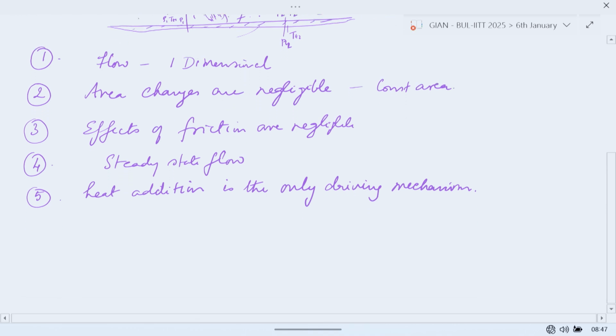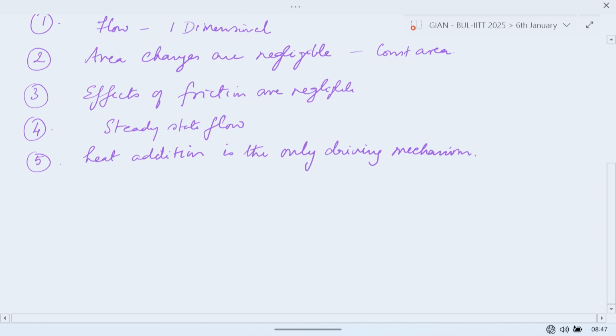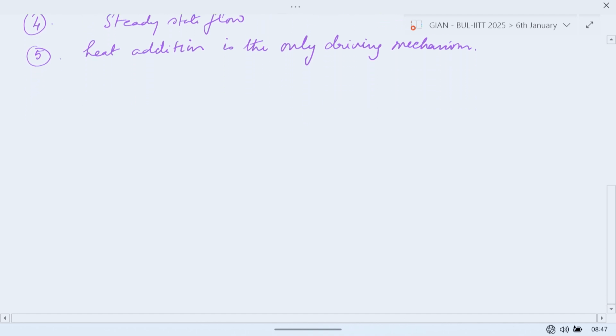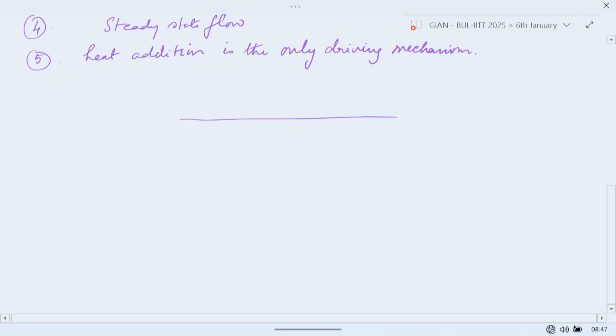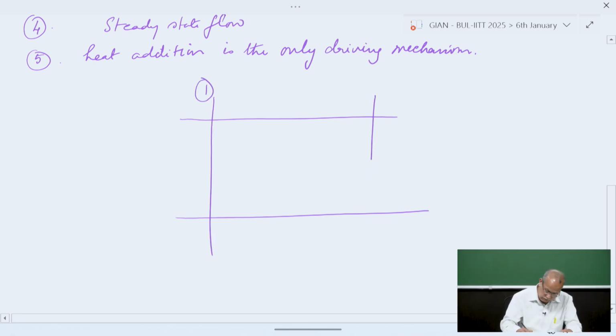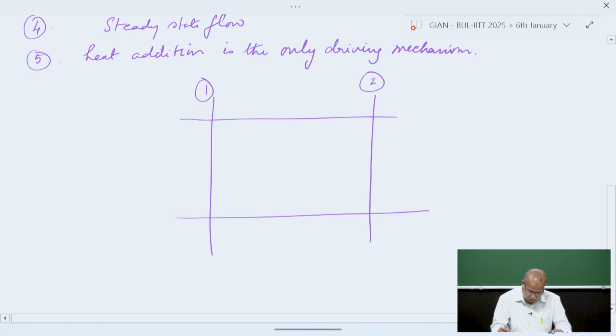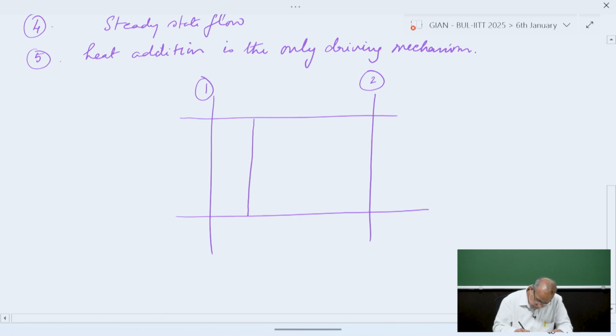Okay, so the flow is one-dimensional, the area change is negligible, and accordingly this is going to be the combustor. It's a constant area. So here is the inlet 1, here is the outlet 2. Now to study this problem, we are going to consider a small section here, and to that small section, we are providing heat.